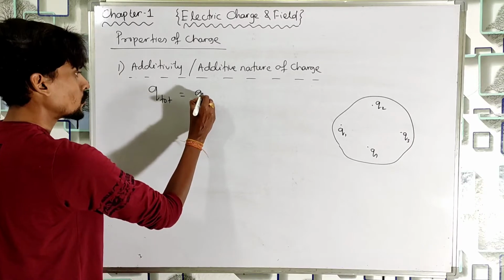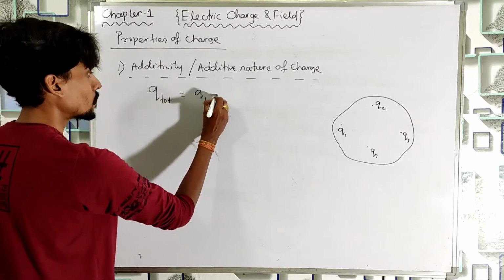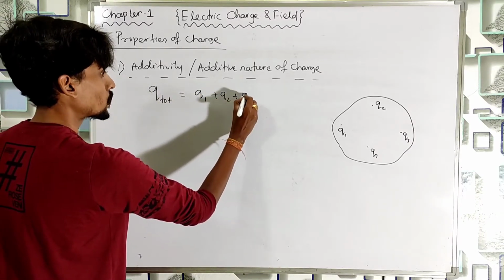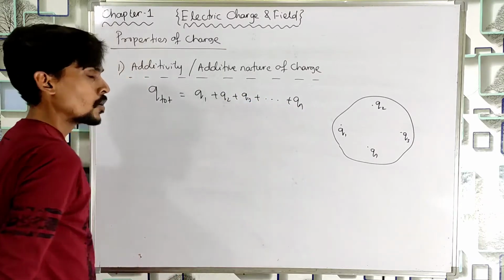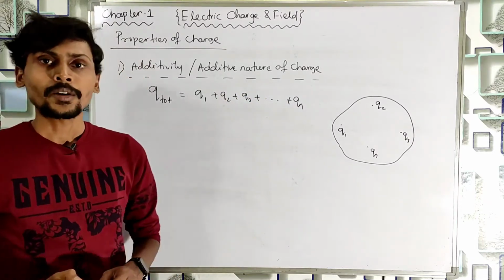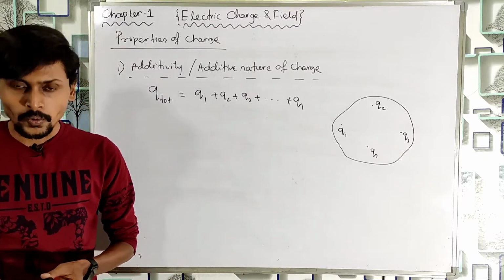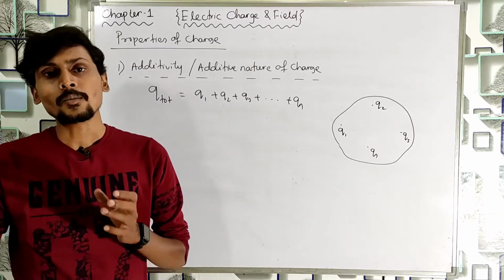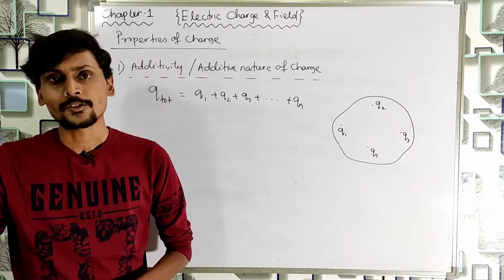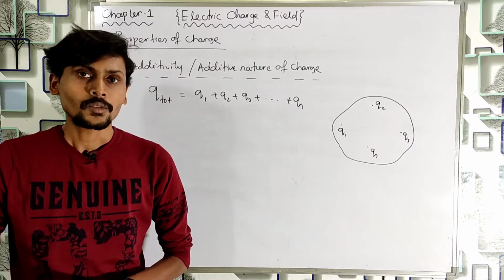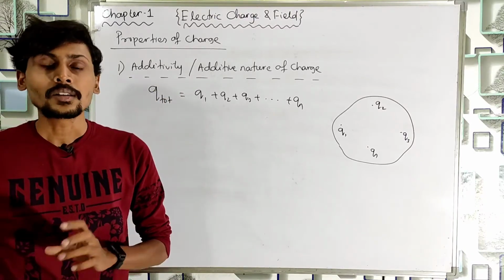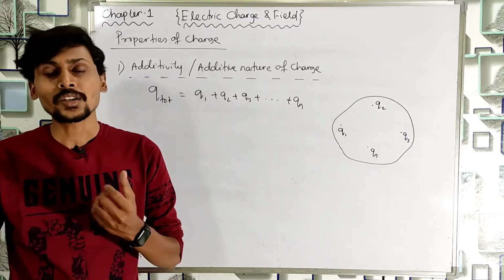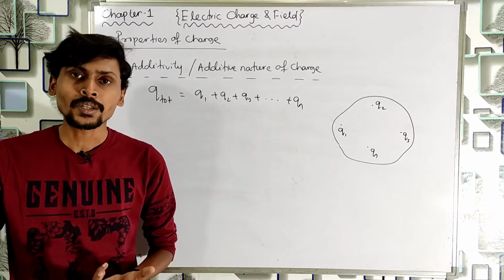So Q total equals Q1 plus Q2 plus Q3 plus Qn. We know that charge is a scalar quantity, so whenever you add charges, you add them like normal numbers. But remember, when adding charges you also have to mention their polarity, their sign. The charge may be positive or negative.